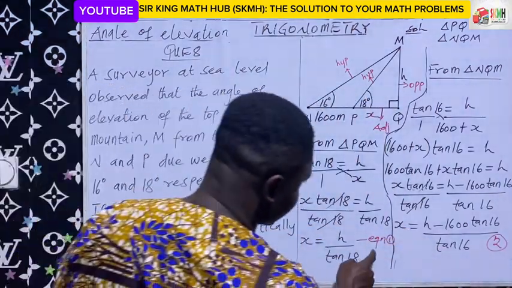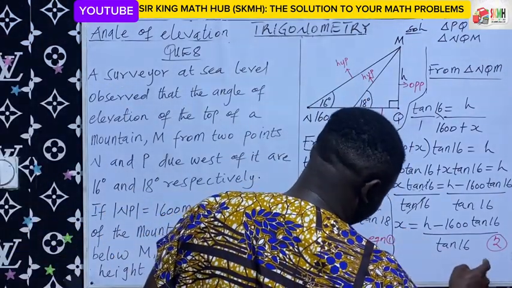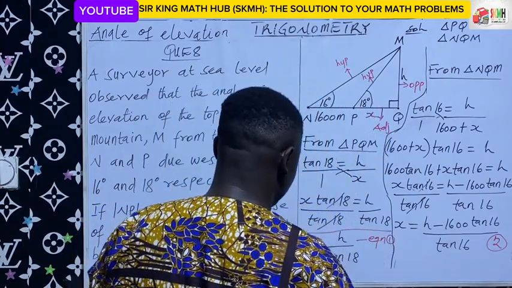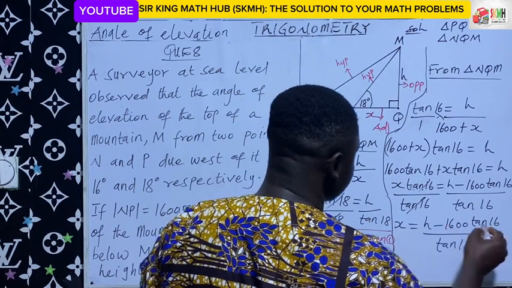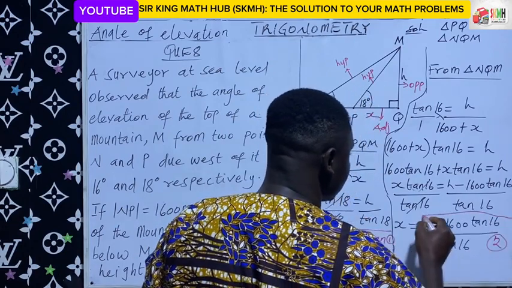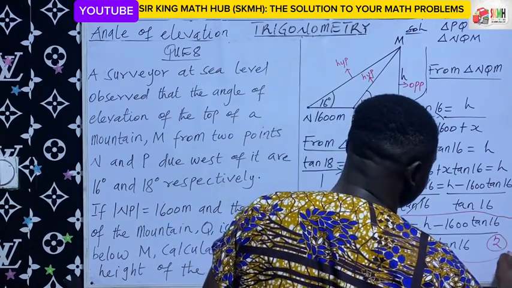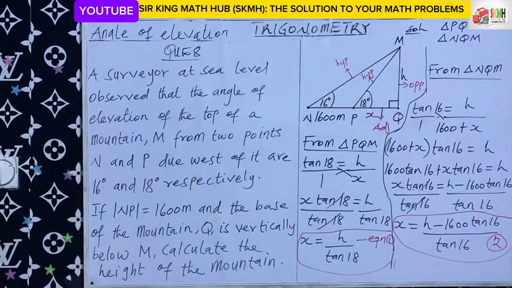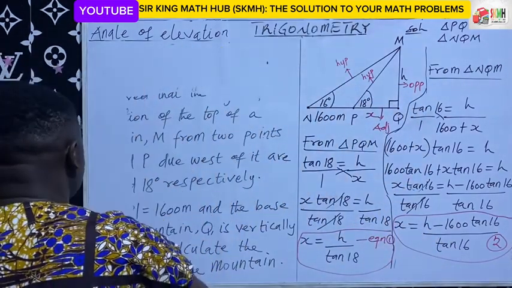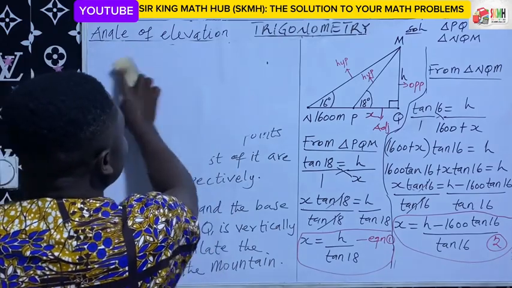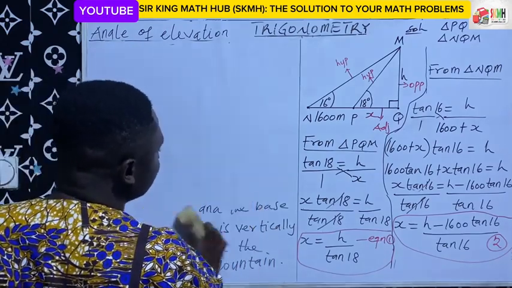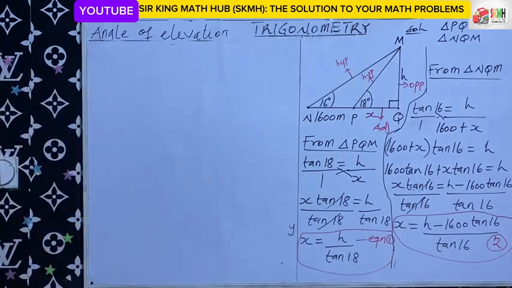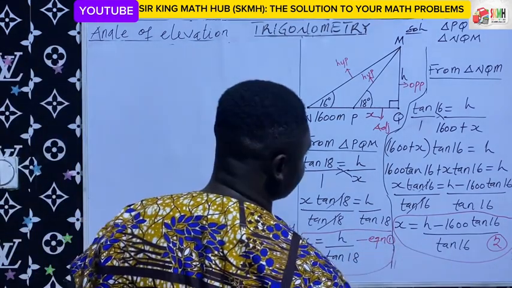So we have our equation 1 and then equation 2. So this is our equation 1 and this is our equation 2. So now we see that in equation 1 we made x the subject, and in equation 2 we made x the subject.